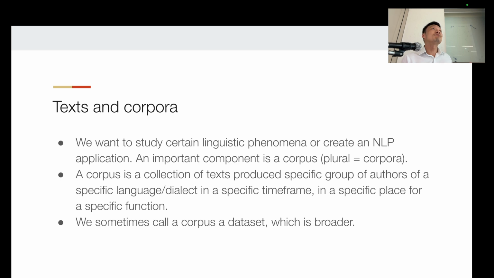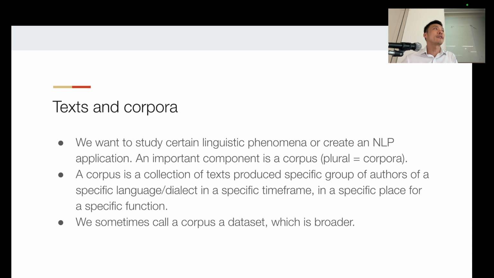A corpus is a collection of texts. Collection means somebody collected them and put them into one place in a certain way. When we talk about a corpus, we talk about a group of texts produced by some group, like consumers, Facebook users, translators, or what people say to chatbots.